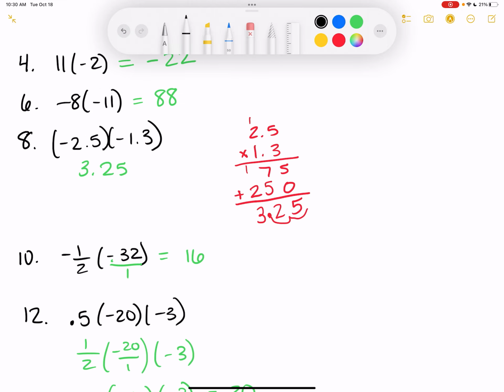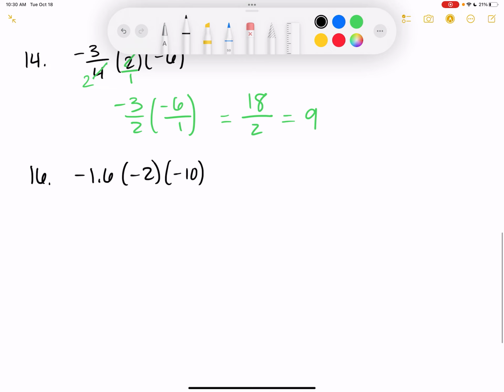But if I do the right 2 things first, because as long as everything's being multiplied, it does not technically matter what order we do it in. If I multiply the -2 times the -10 first, I'll only have to do one of those multiplication charts. So, -2 times -10 is what? Positive 20. So, -1.6 times 20.